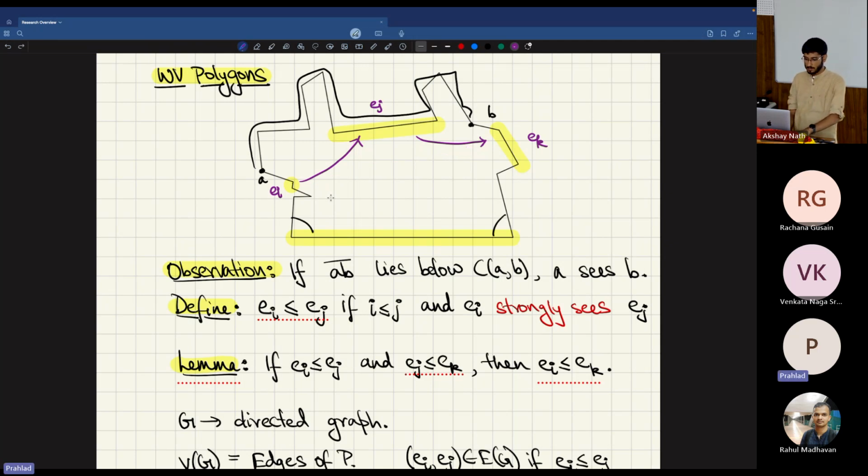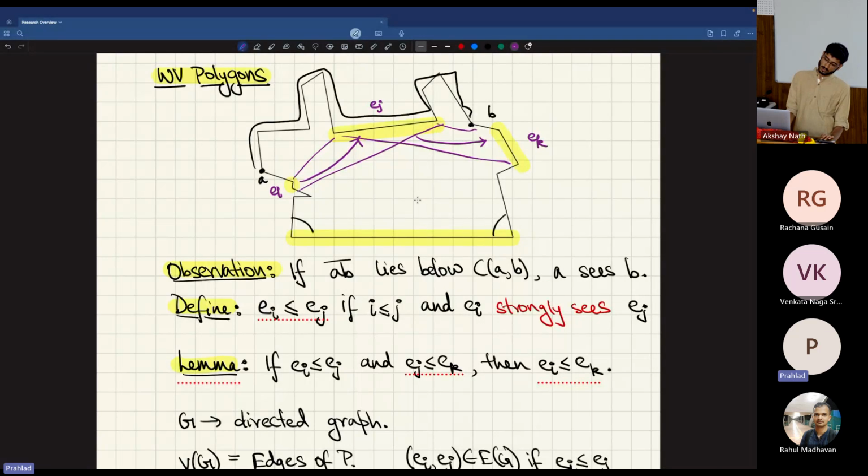The proof of this follows from here. When you have Ei strongly seeing Ej, we have something like this, right? We know that this curve from here to here lies above this convex polygon. And because of this relation between Ej and Ek, we have that this curve lies above this polygon.